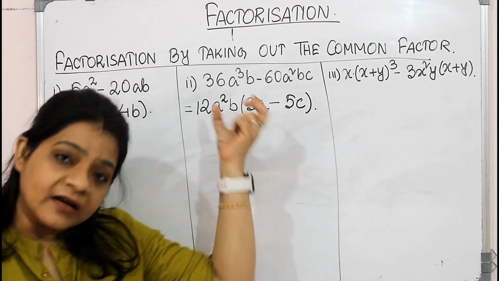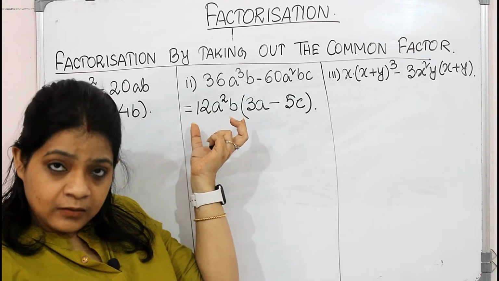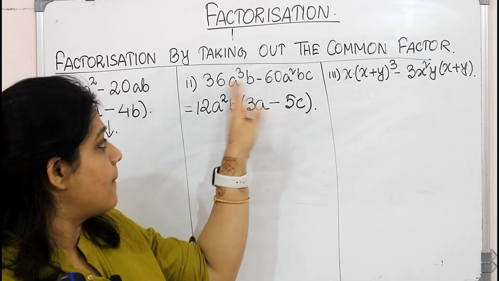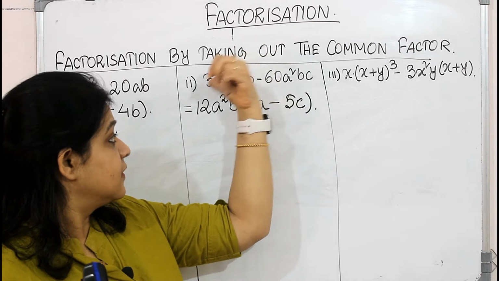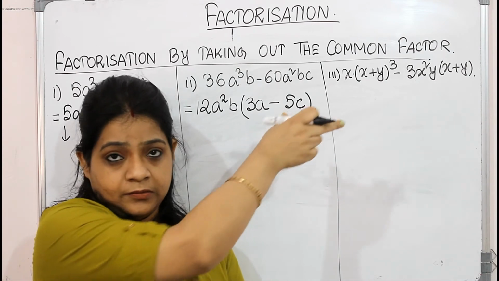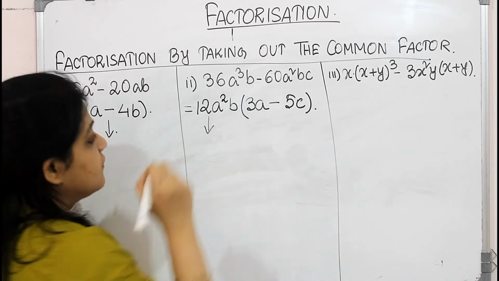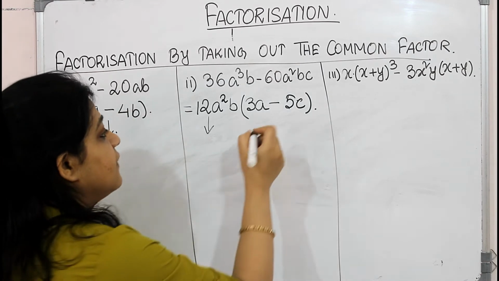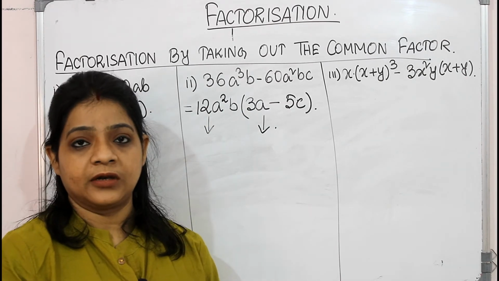So while doing factorization for the common factors, try to write whatever common visible results you have found out, then you compare the two terms and accordingly you write the rest of the remaining factors. So from here you can say 12a square b is a common factor, and 3a minus 5c is also a factor of this particular polynomial.